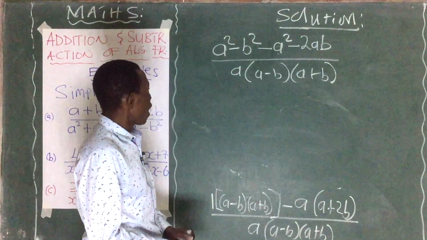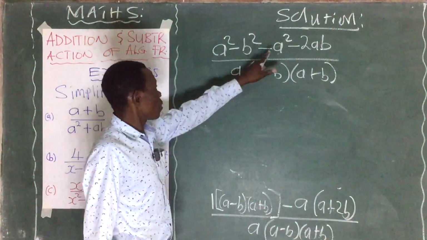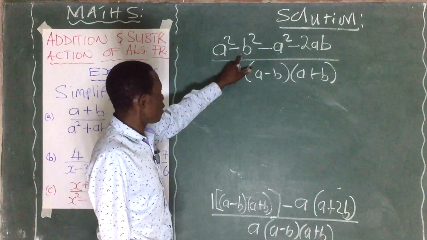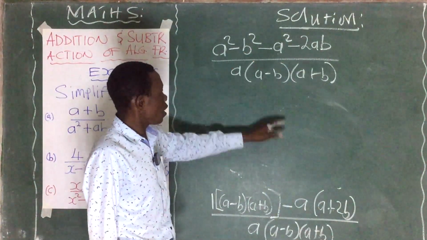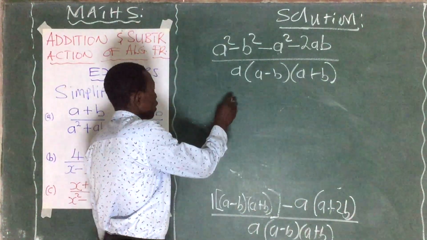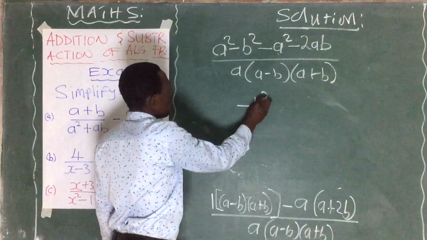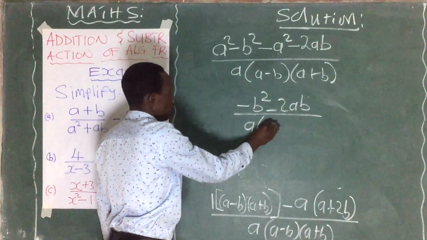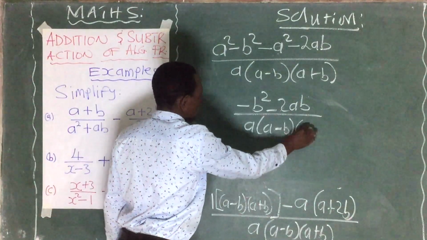So let's simplify them out. A squared subtracting A squared, we get 0. But we have negative B squared and negative 2AB. These are unlike terms. So what we have on the top is negative B squared minus 2AB over A minus B, and then A plus B.